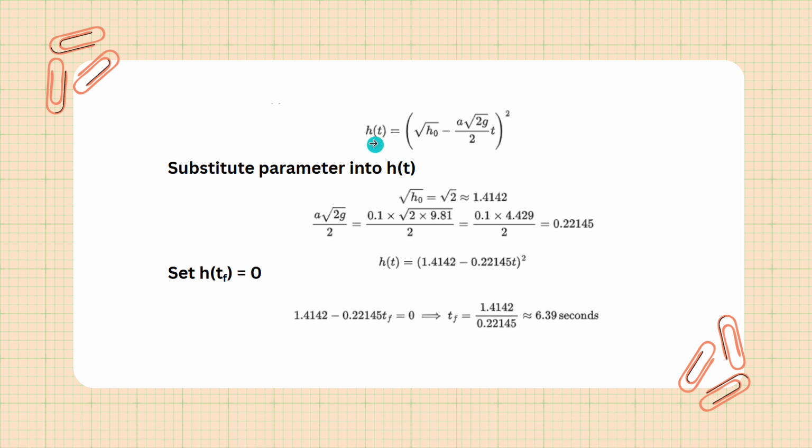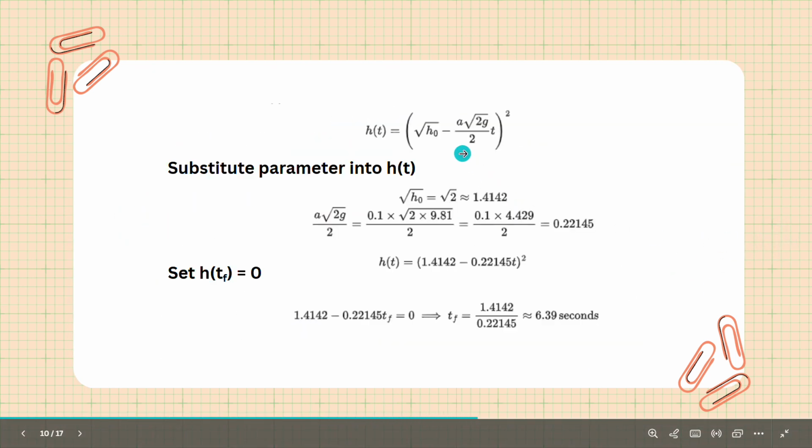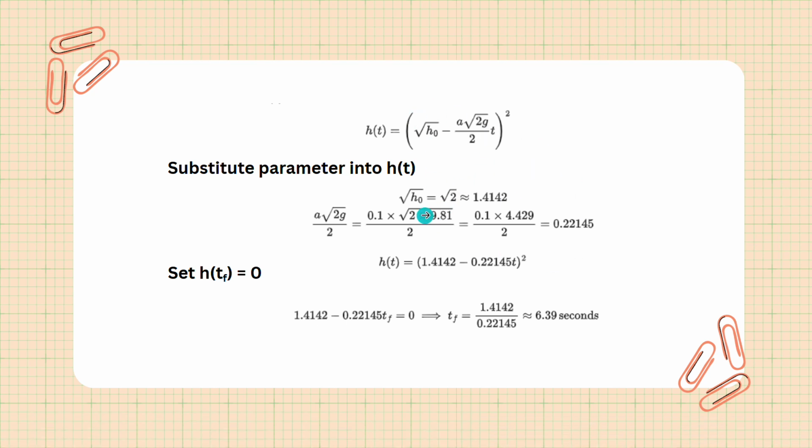After you get the equation of h, which is height, you can substitute all parameters given in this slide into our formula. Here we substitute the a and g, and also we get this, and thus we substitute in this formula, then we just get this equation.